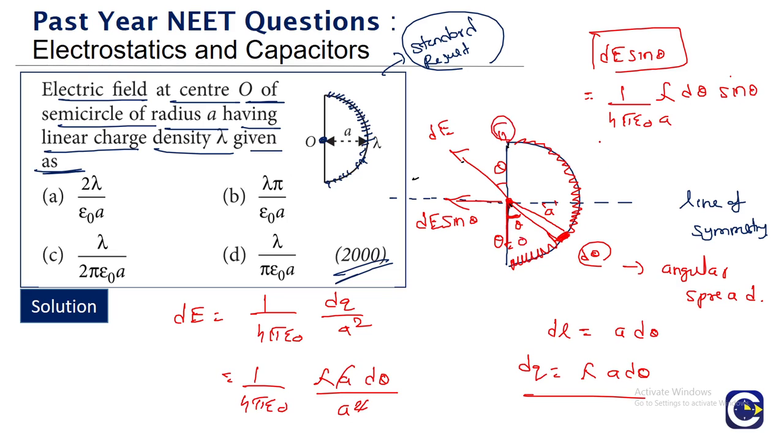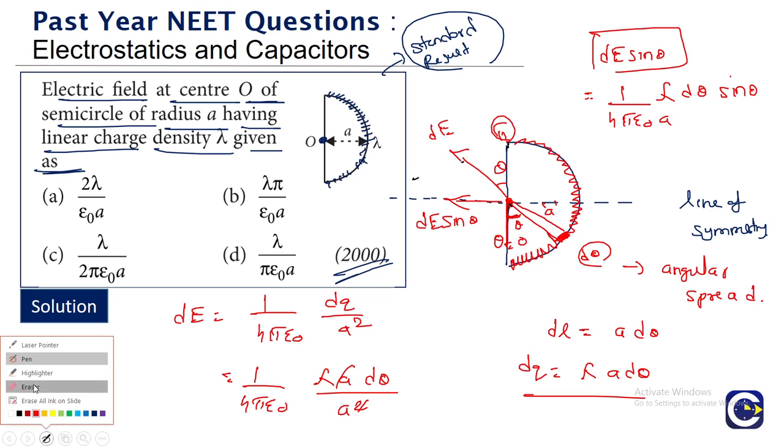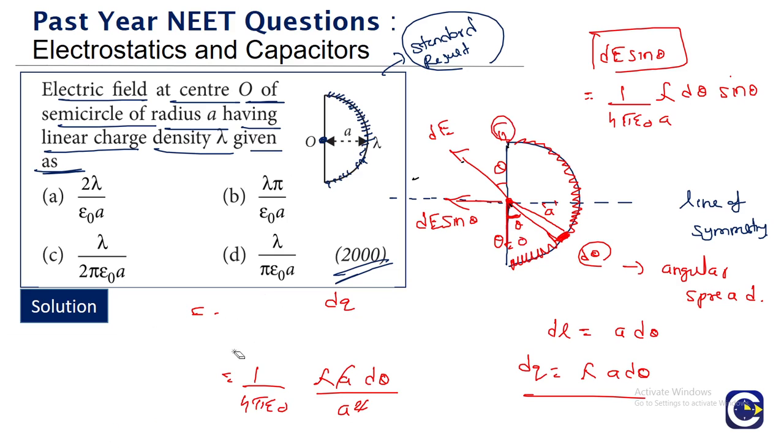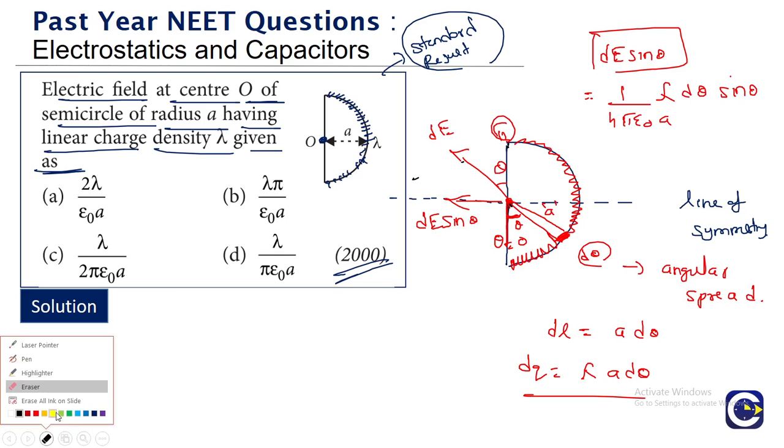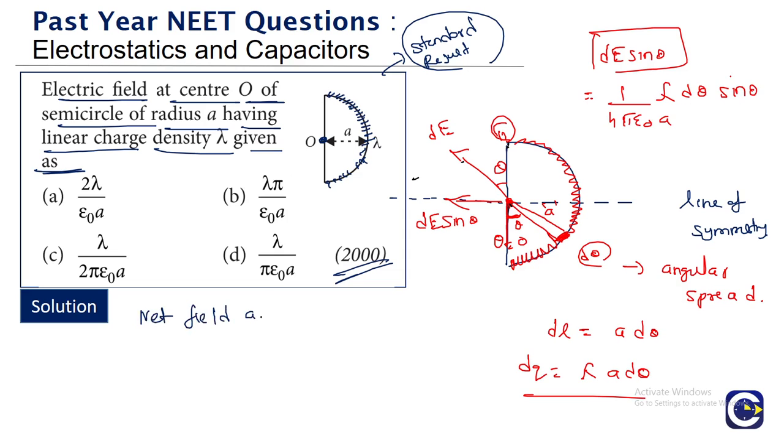So when we integrate this electric field component from 0 to pi, that is when we will be able to get the total or net electric field due to that semicircular ring. So now our job is just to complete this integration. Total net field will be only along the line of symmetry, will be equal to what?